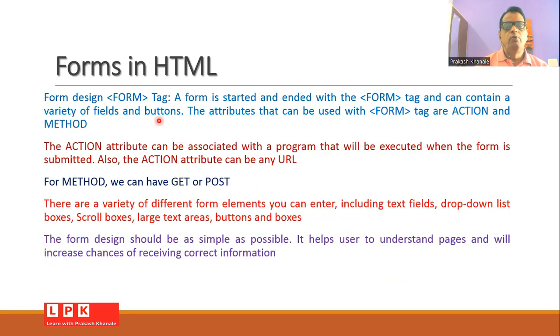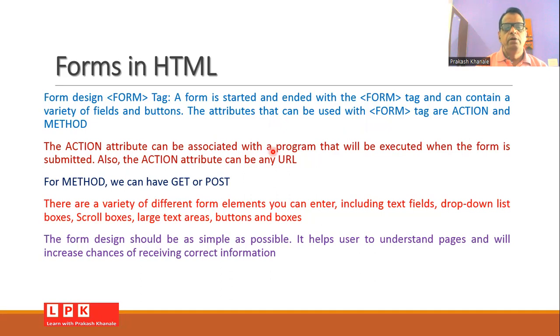Now, whenever you want to design any simple form for a website, you need to make use of the form tag. There is a separate tag provided in HTML by which you can create a form. The form tag has a start tag form, and it will contain the various fields and buttons. You can use several attributes with the form tag, and the attributes that can be used are action and method.